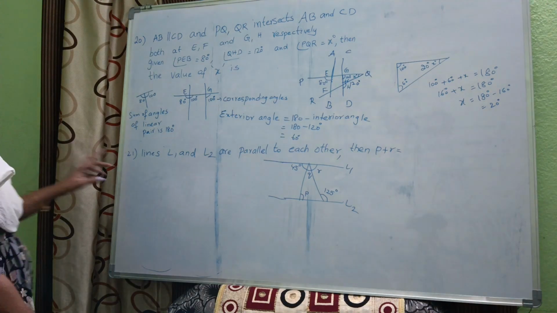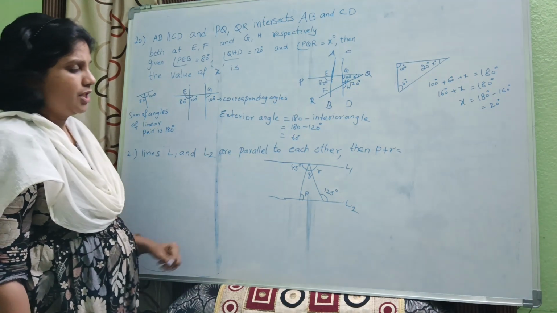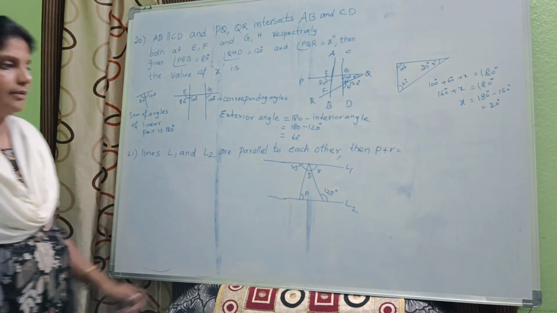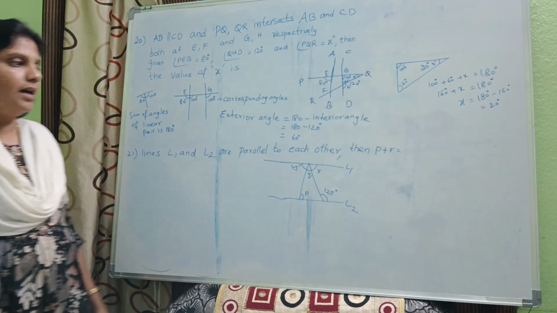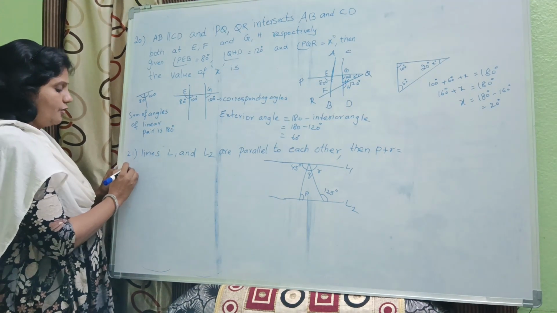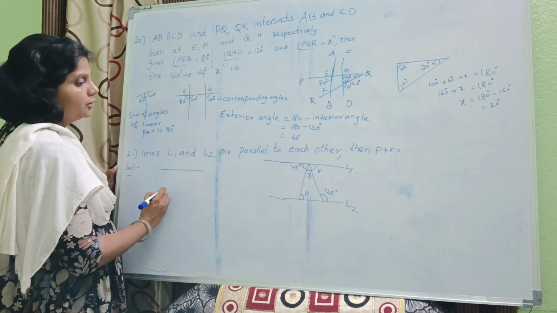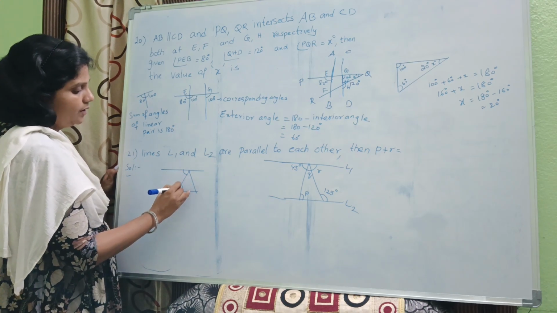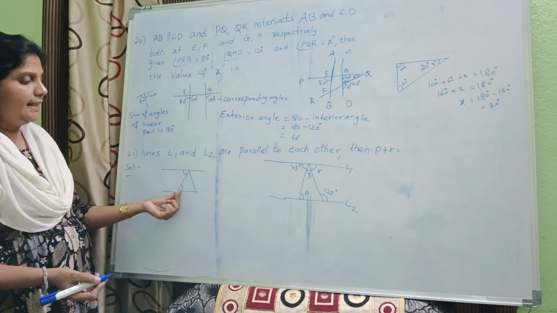Next, lines L1 and L2 are parallel to each other. How are they looking? Parallel to each other. We need to find angle P plus angle R. What is the solution for this? See, it is given like this. So this angle is equal to this angle. Why? Alternate interior angles.